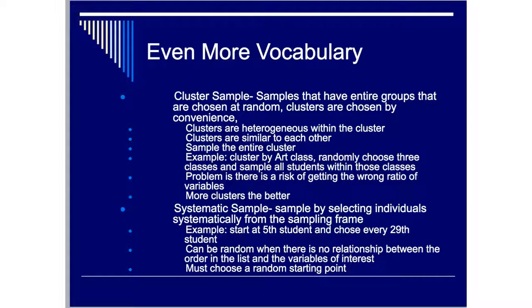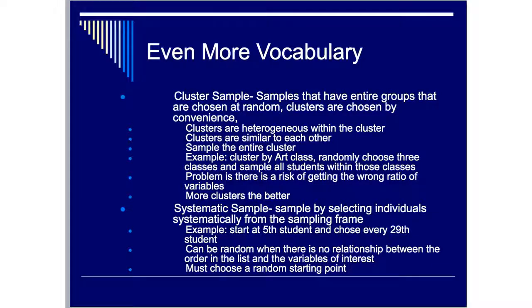Maybe your science classes, art classes, PE, maybe athletics, right? The athletics classes have a pretty good variety, maybe. So those would be clusters. And when you do a cluster sample, say I randomly choose Miss Metter's class, okay?